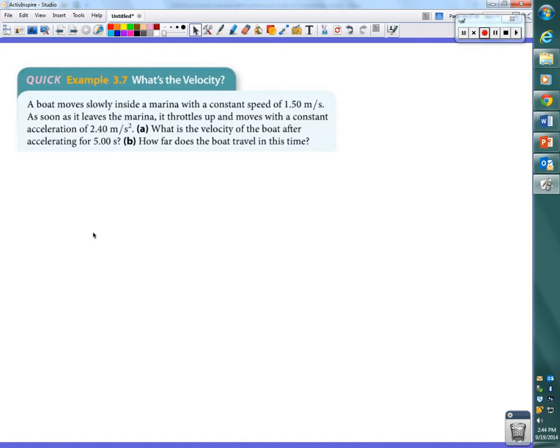Okay, so quick example 3.7 says, a boat moves slowly inside a marina with a constant speed of 1.50 meters per second. As soon as it leaves the marina, it throttles up and moves with a constant acceleration of 2.40 meters per second squared. So part A says, what is the velocity of the boat after accelerating for 5 seconds?